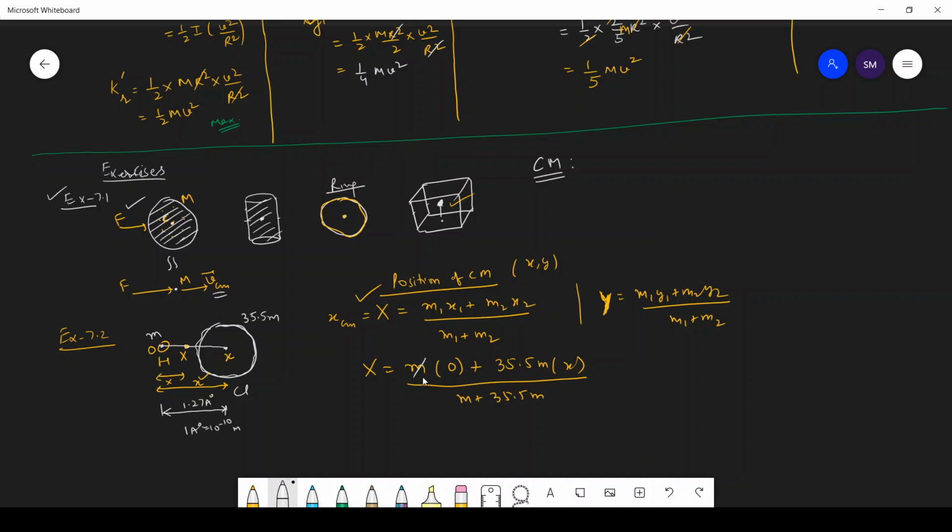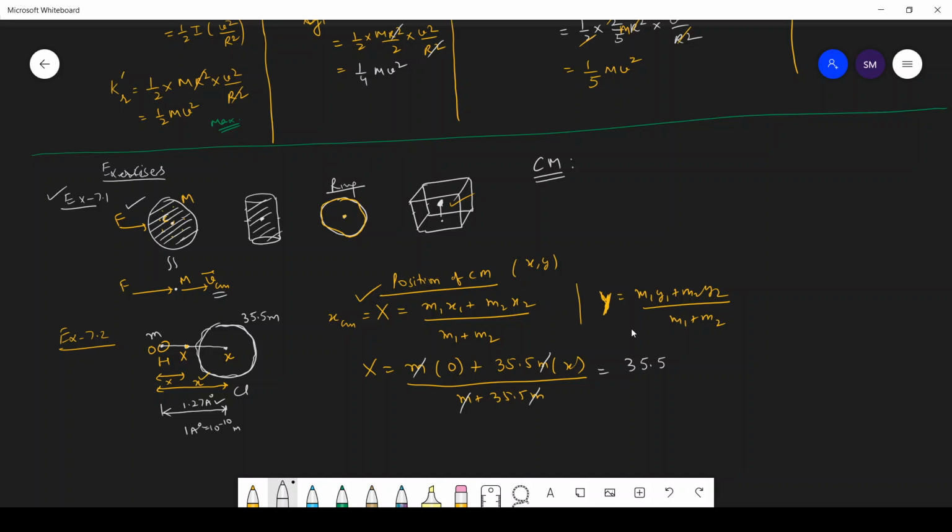Here m is common, so m cancels out, and you get 0 plus anything, so that is 35.5 times this x, which is given to us as 1.27 angstrom. We can write this distance as 1.27 into 10⁻¹⁰.